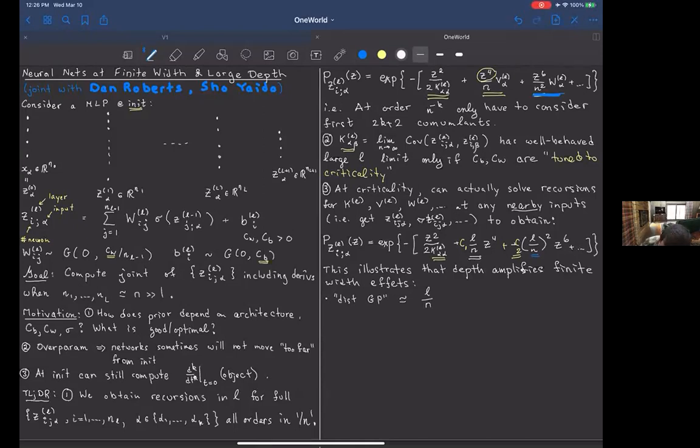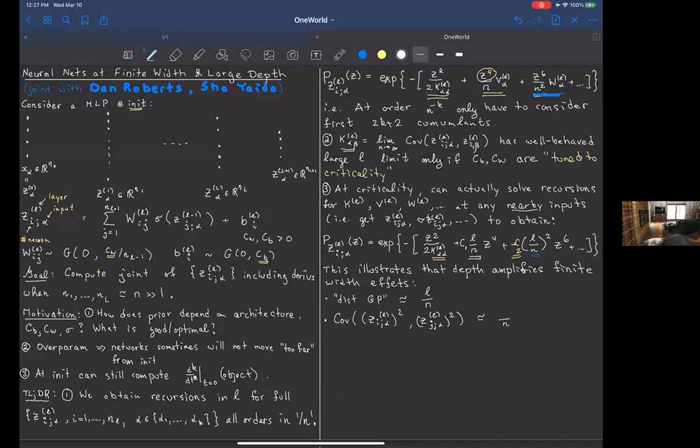But I can be way more precise, of course. Another thing you can ask is, in the infinite width limit, different neurons: I take z_i^alpha squared, the squared value of neuron i in layer L, and the squared value of neuron j in layer L. In the infinite width limit, the neurons are independent of each other if i is not equal to j, so this goes to 0 like 1 over n.